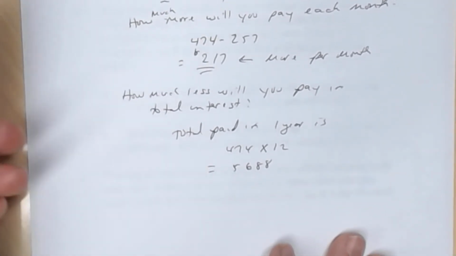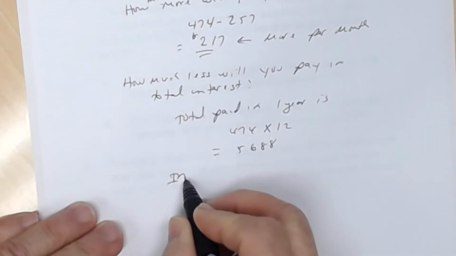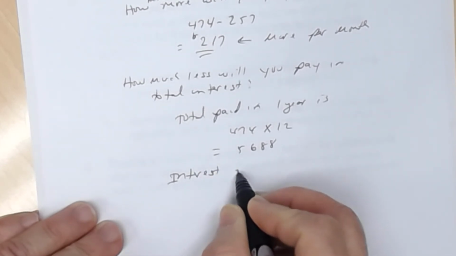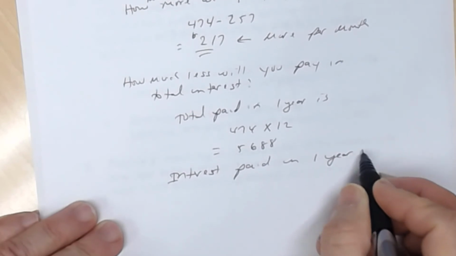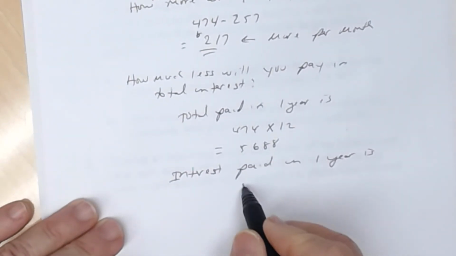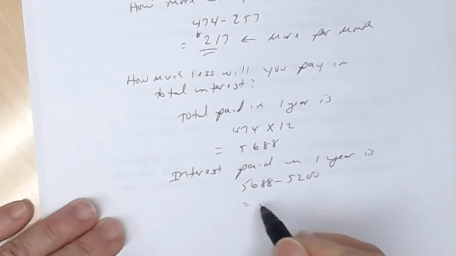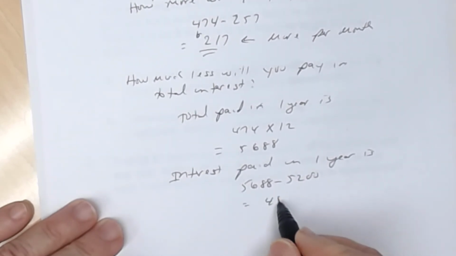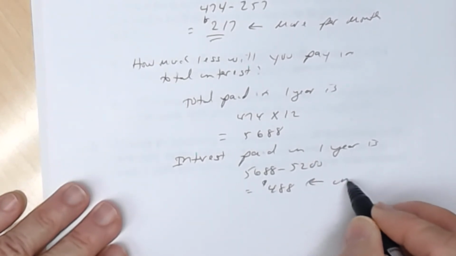Okay, and so the total interest paid. So the interest paid in 1 year is, and you're going to say that minus 5,200, and that's going to give you 488. So $488. So that's your interest in 1 year.